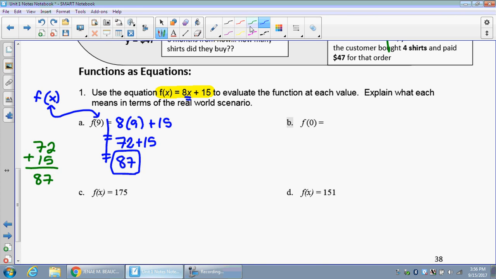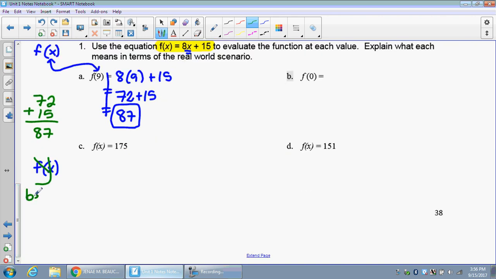Now for C, again, if I think of f of x, notice this says f of x equals 175. This is when it's important in our brains to remember that f of x means y. So I'm being given a value for y.